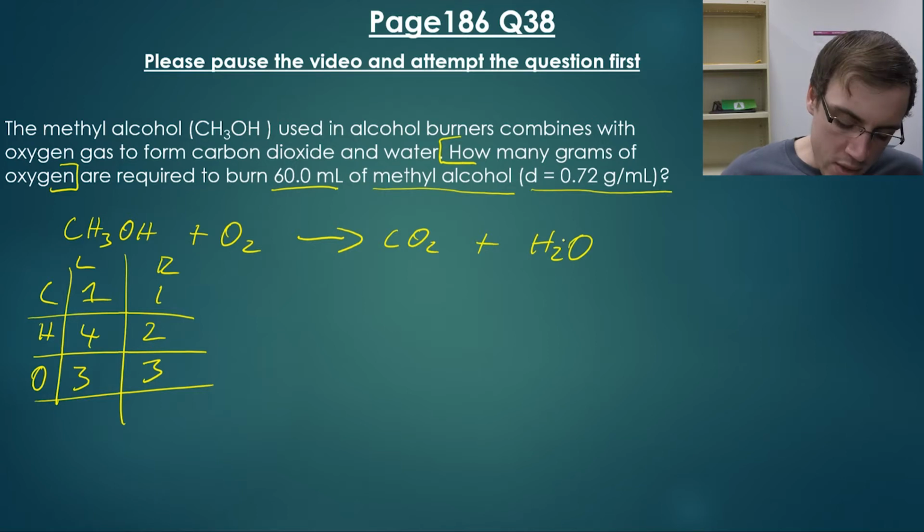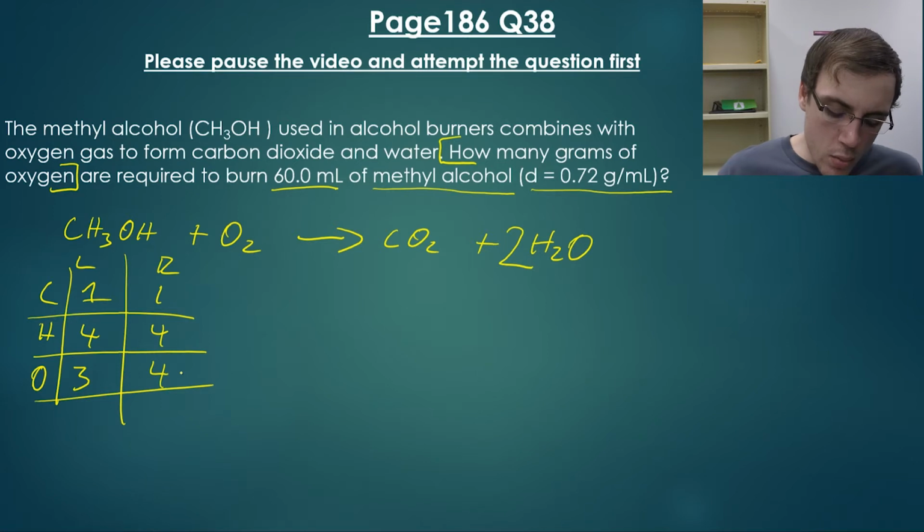So the only way we can do that is by adding a 2 to the front here. And that's going to change our hydrogens from 2 to 4, because 2 times 2 is 4. But that's also going to change our oxygen amount.